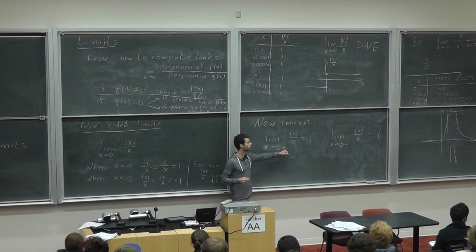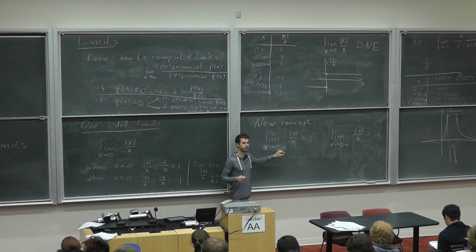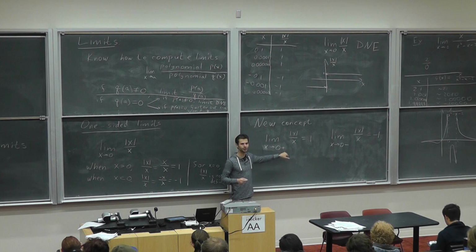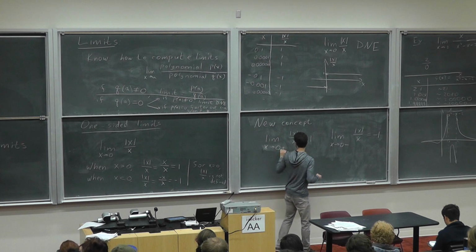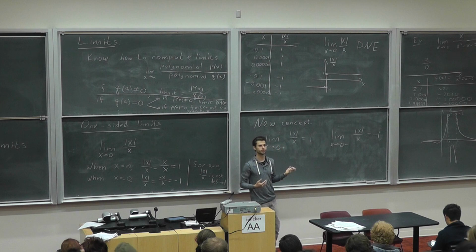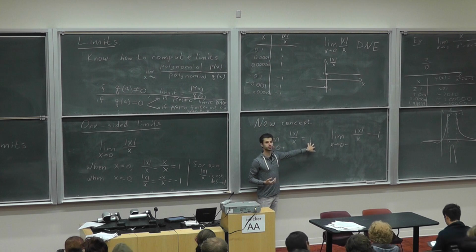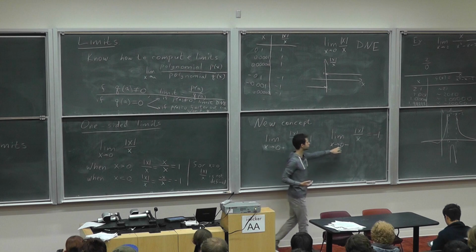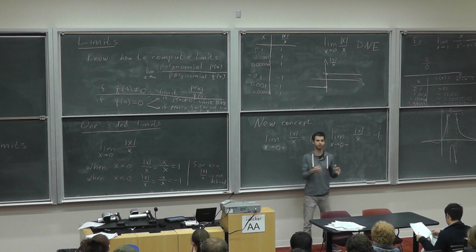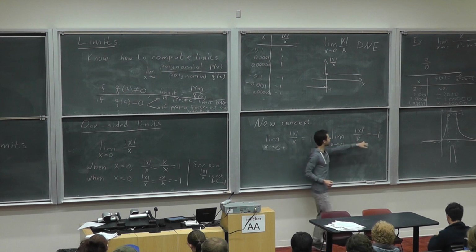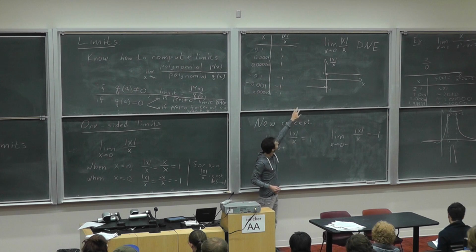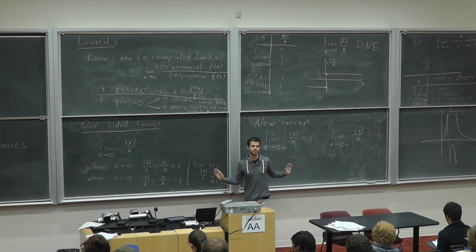X approaches 0, and we say it from the right, and the notation is x approaches 0 plus, in this order, 0 and then plus. So when x approaches 0 from the positive side, from the side of positive numbers, the function approaches 1. When x approaches 0 from the side of negative numbers, so if x is minus 0.00001, the function approaches minus 1. And overall the limit as x approaches 0, well, does not exist.